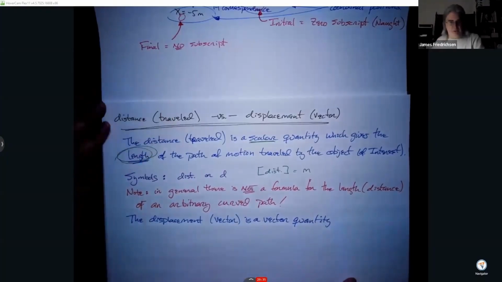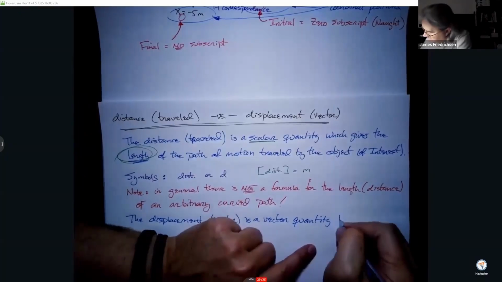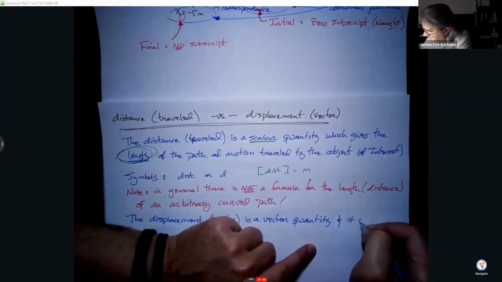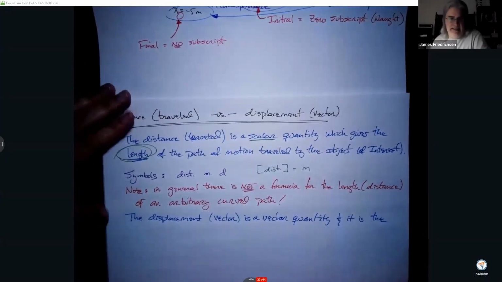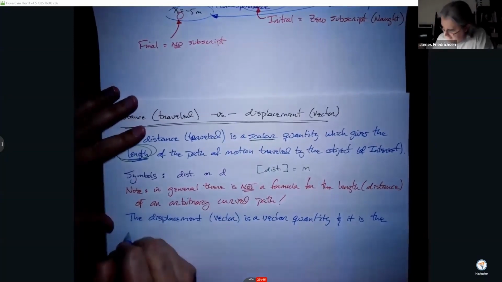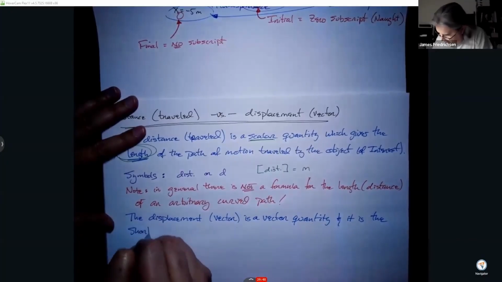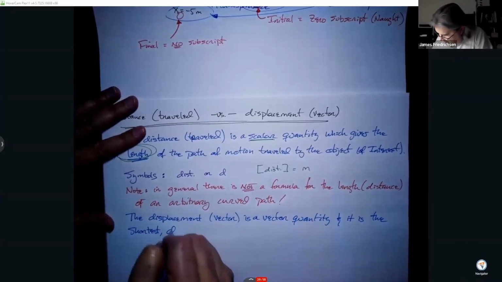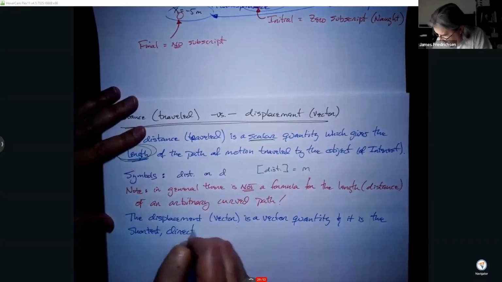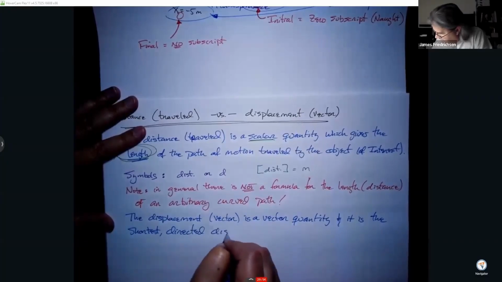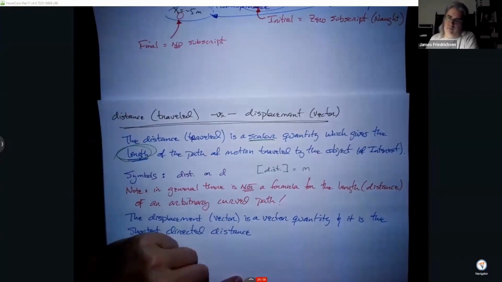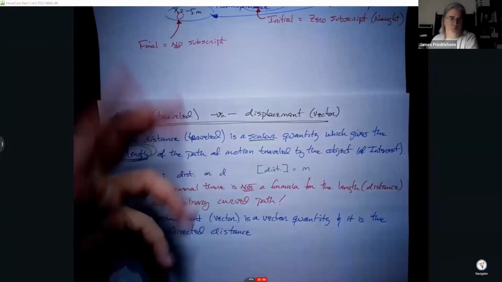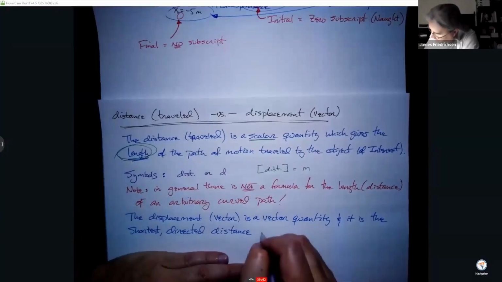So it is a vector quantity, and it's going to be the shortest directed distance from where the object started to where the object ended.